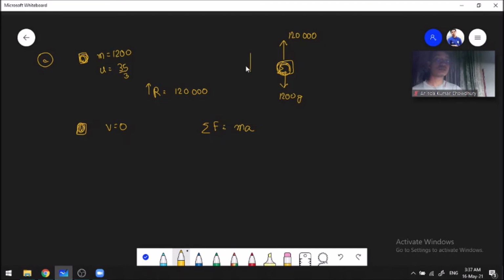We have taken the downward direction as positive in our math. So our 1200g, our weight will be positive and our resistance to motion will be negative. The combined mass of the system is 1200 and the acceleration is something that we have to find out. Okay, so from here we can find our acceleration.